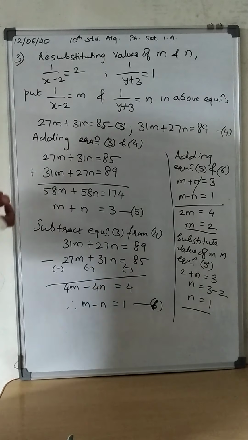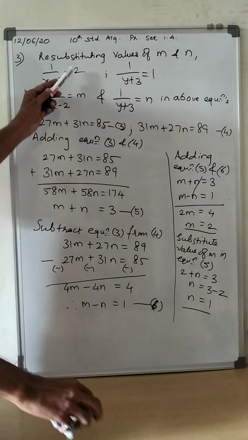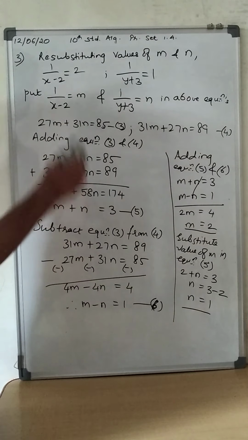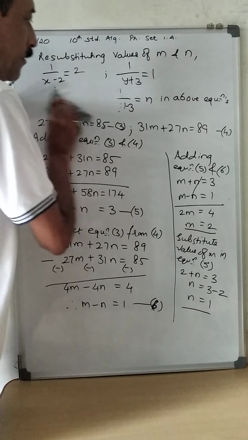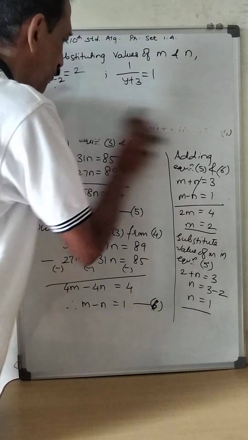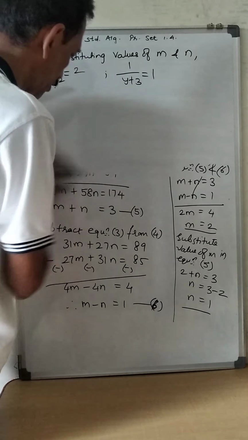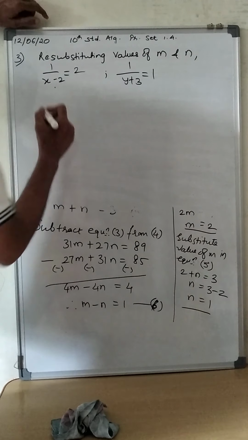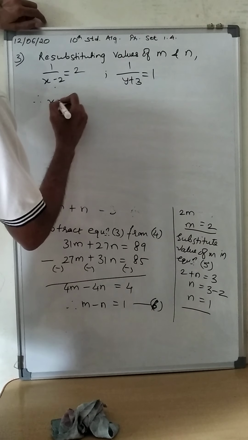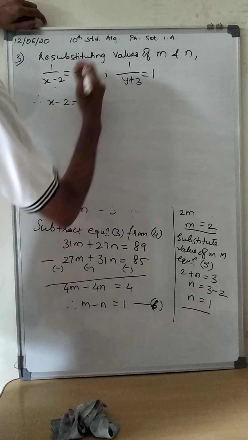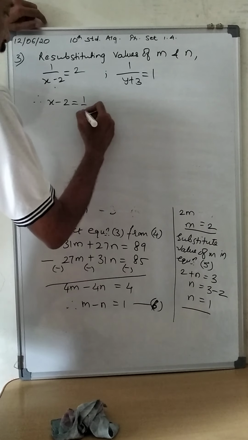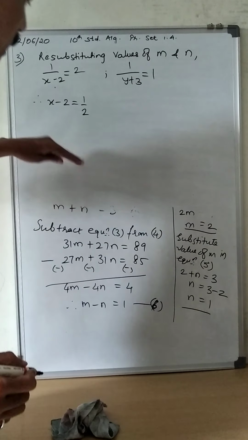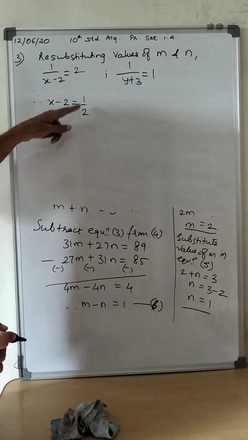So we have put back the values. Now we find the values of x and y. So therefore x minus 2 is 1 upon 2. We take the reciprocal, so x minus 2 is 1 upon 2.